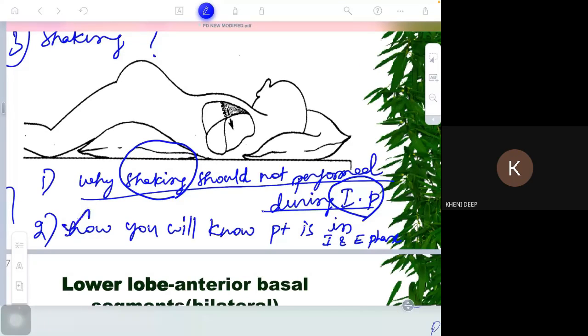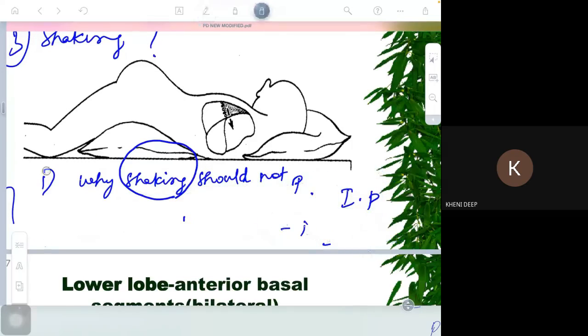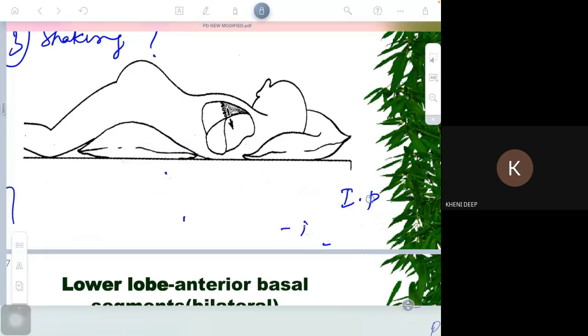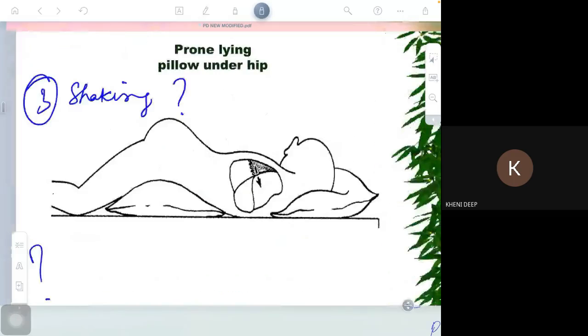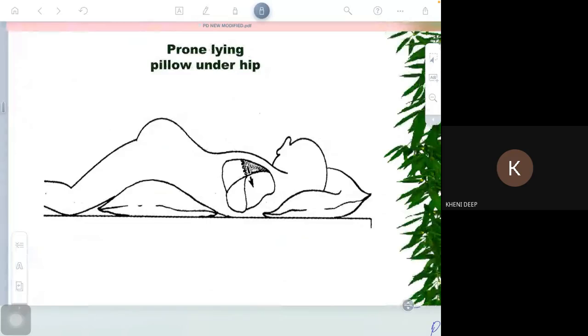How will you know whether the patient is in the inspiratory phase or expiratory phase? For this, you had already given the instruction that the patient should always expire through a whistling sound. So you will hear the whistling sound during the expiratory phase.